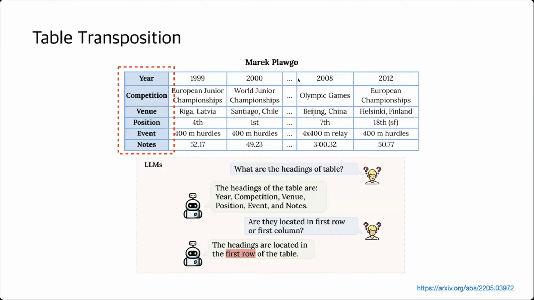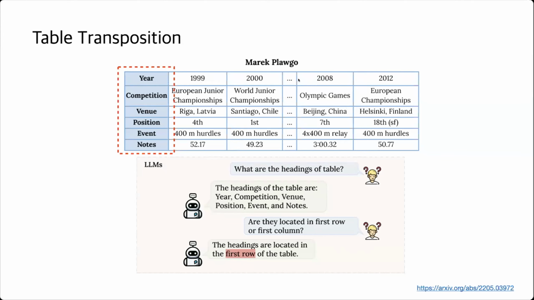People can change the presentation from horizontal to vertical. However, for large language models, transposition can have a significant effect.